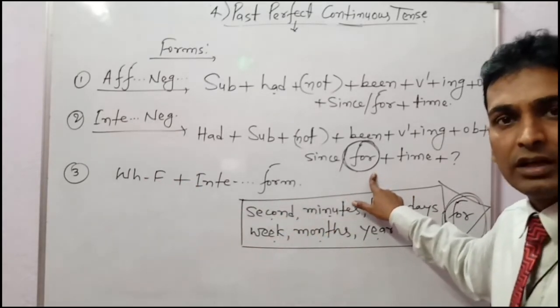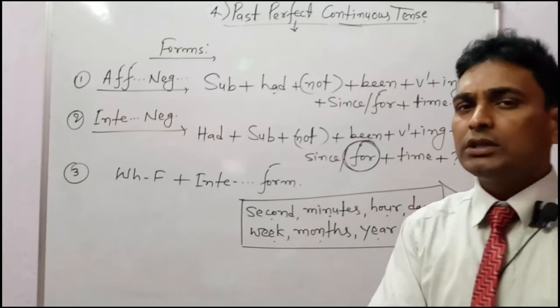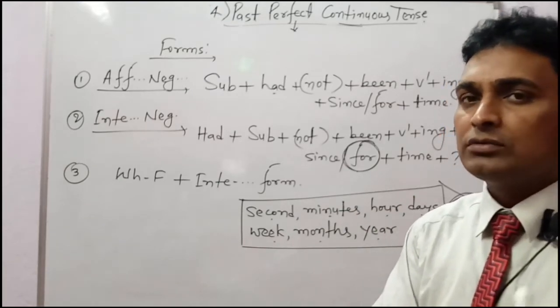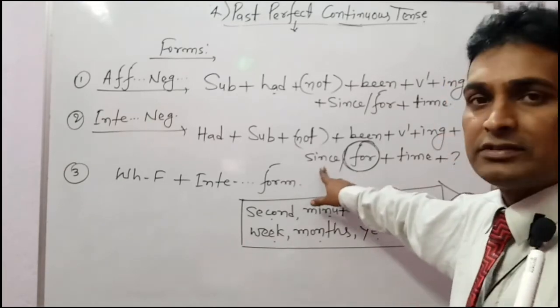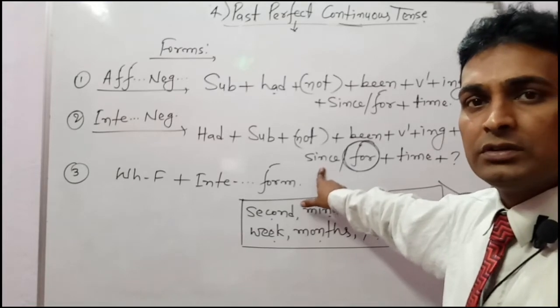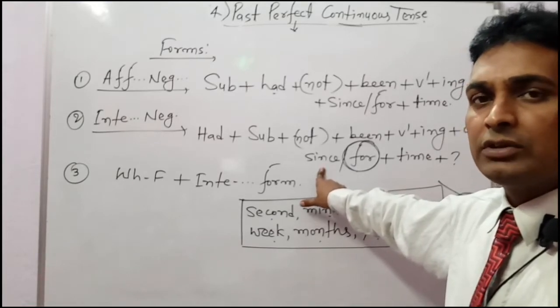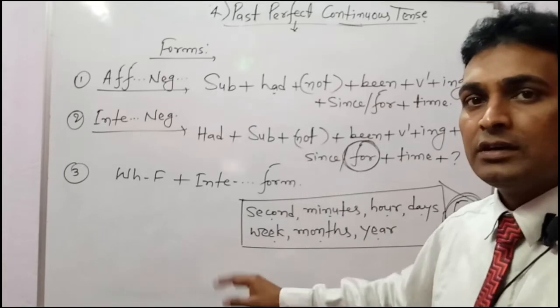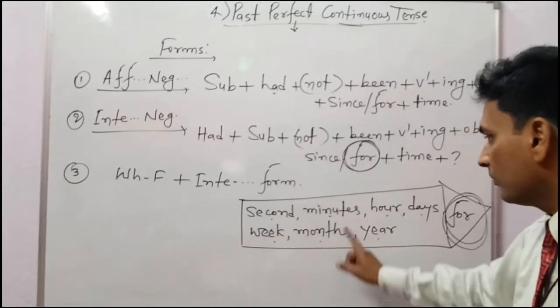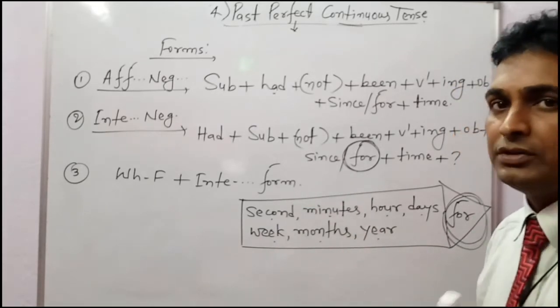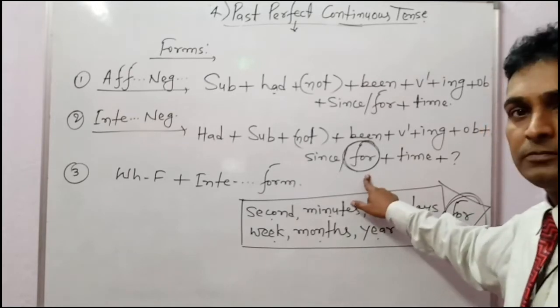For. And with all the rest of the time denoting words, you have to use since. But in case of one of them, you have to go with period of time, that is for.